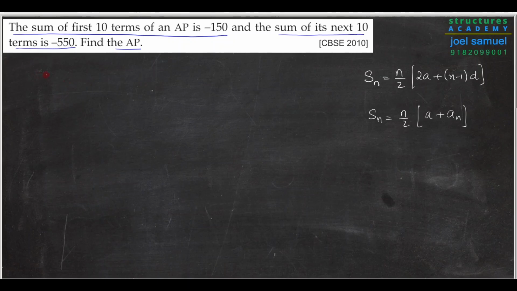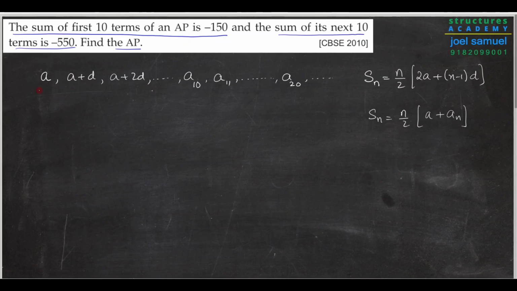So let us just say that the first term is a, then a plus d, a plus 2d, and so on. And here is where you'll find the 10th term and then the 11th term and so on until you arrive at the 20th term. Probably beyond this also the arithmetic progression is there, but we are really not interested in that.